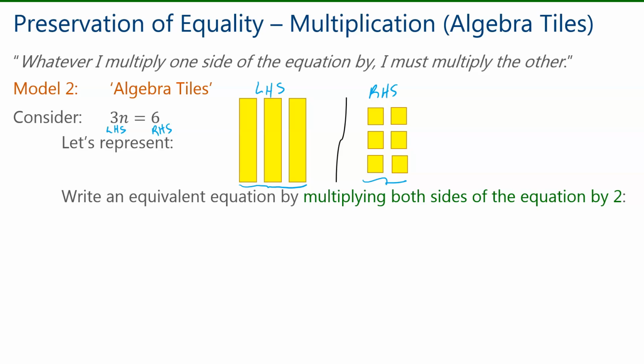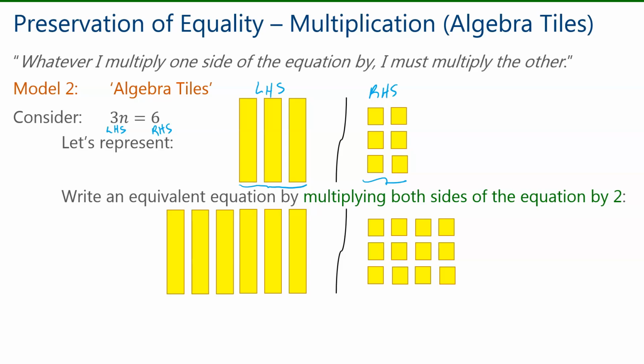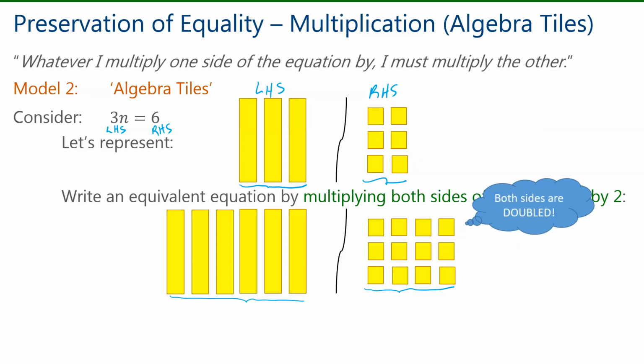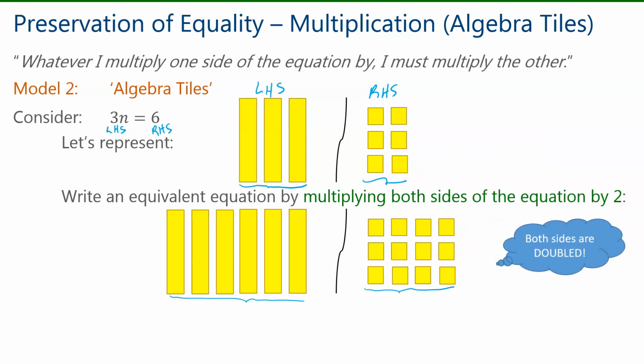If I have 6 unit tiles on the right-hand side and I double those up, I should get 12. And there they are. We have our 6 variable tiles on the left-hand side and our 12 unit tiles on the right-hand side. Everything has been doubled. Our equivalent equation, if we write it symbolically, then will be 6n equals 12.